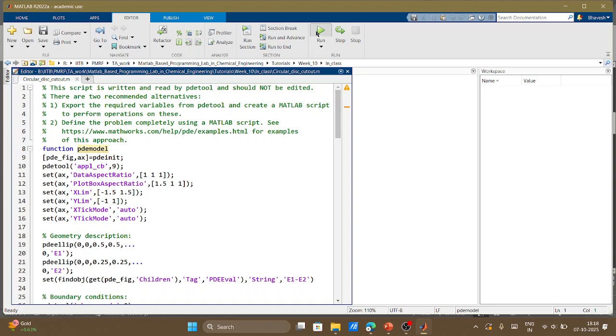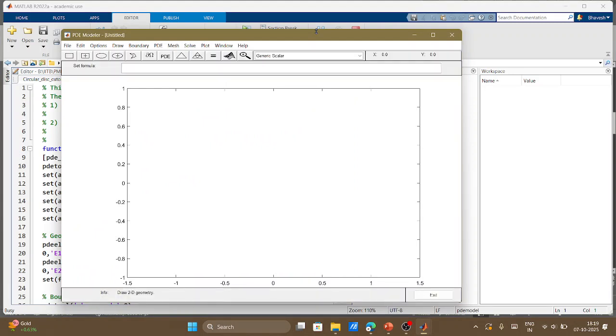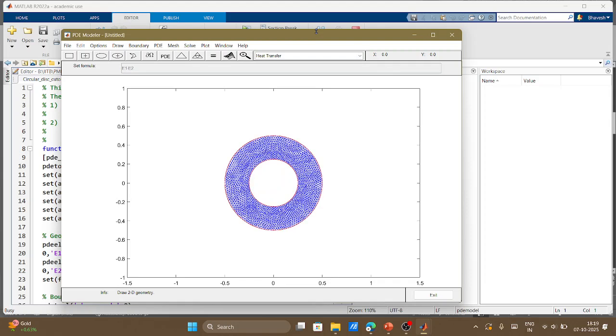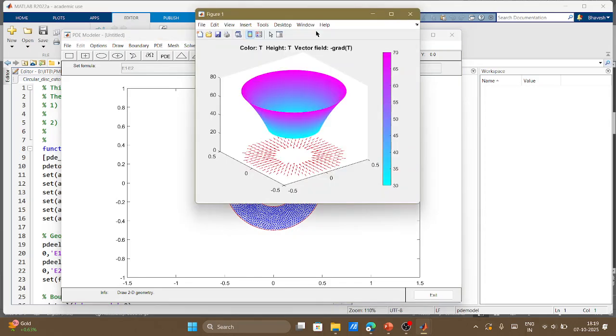Then what will be the temperature profile within the cutout of your tube along the cross sectional area? Yes, so this is how our profile looks.